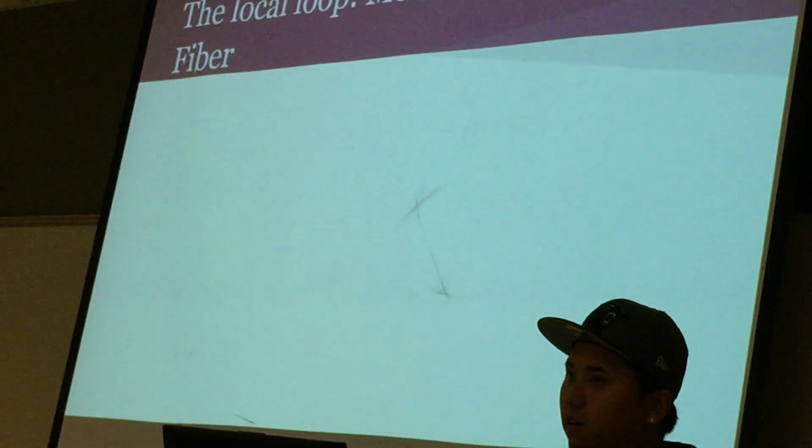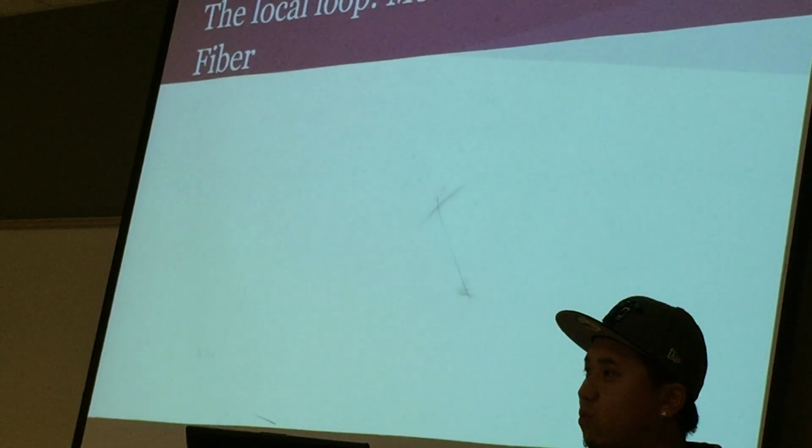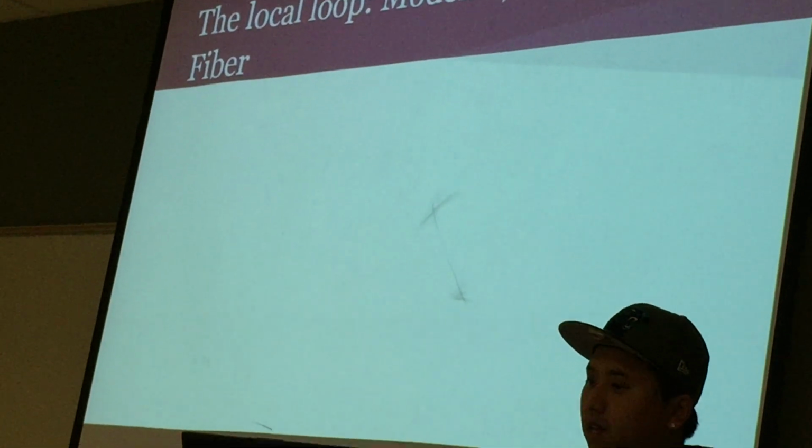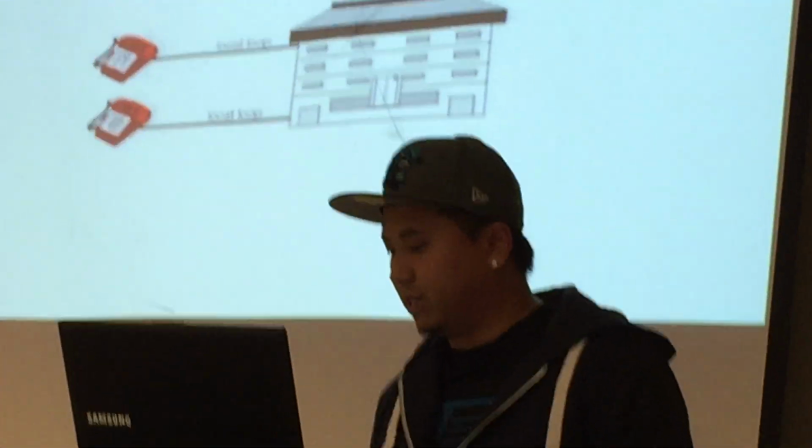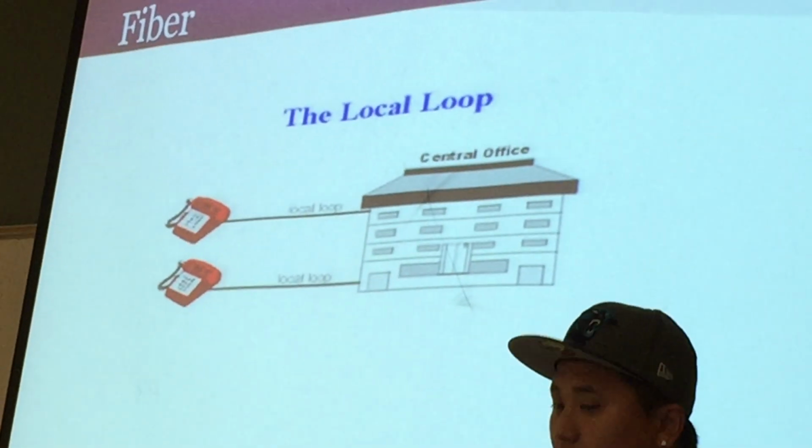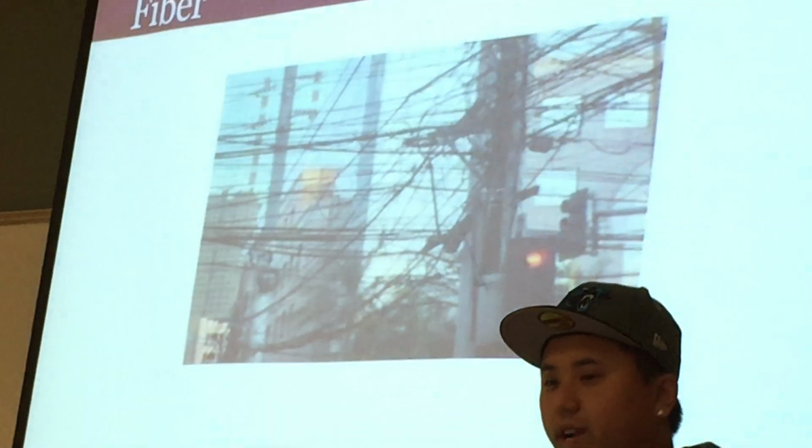Next up, we're going to talk about the local loop, which is what I stated earlier, just the regular copper wire network that they used in the beginning to connect all the telephones together, from the switch offices to the other telephones. As we know, it's been carrying analog information well over 100 years now, and it will continue, only because it's very expensive to replace them, as you can see from this next diagram.